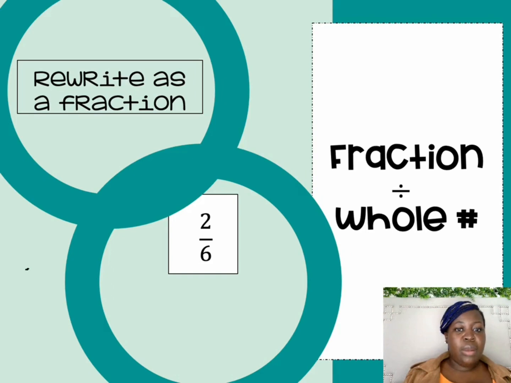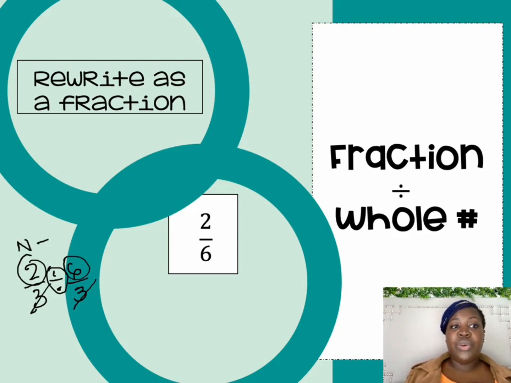Let's look at it. What was the fraction? You had 2/3, then you're dividing 6/3. Remember, we said you ignore the denominator, and now you have your 2 divided by 6. Read it from left to right. You have numerator divided by denominator.